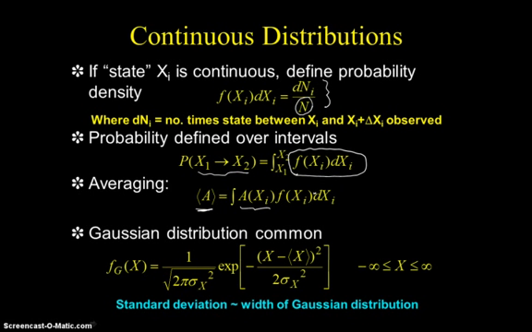One example of a probability density that comes up frequently in probability and statistics is a Gaussian distribution, which is defined here. So this is a probability density, and it depends on the square of the difference between the property and its average value, and that's divided by 2 times the square of the variance. And it's also normalized, which is this term in front. The standard deviation is proportional to the width of the Gaussian distribution, and it's defined from negative infinity to positive infinity.